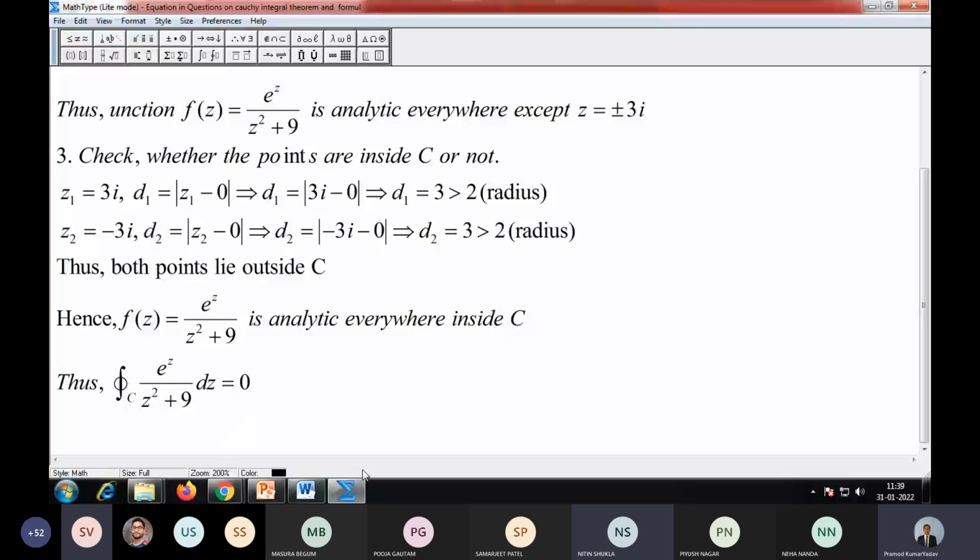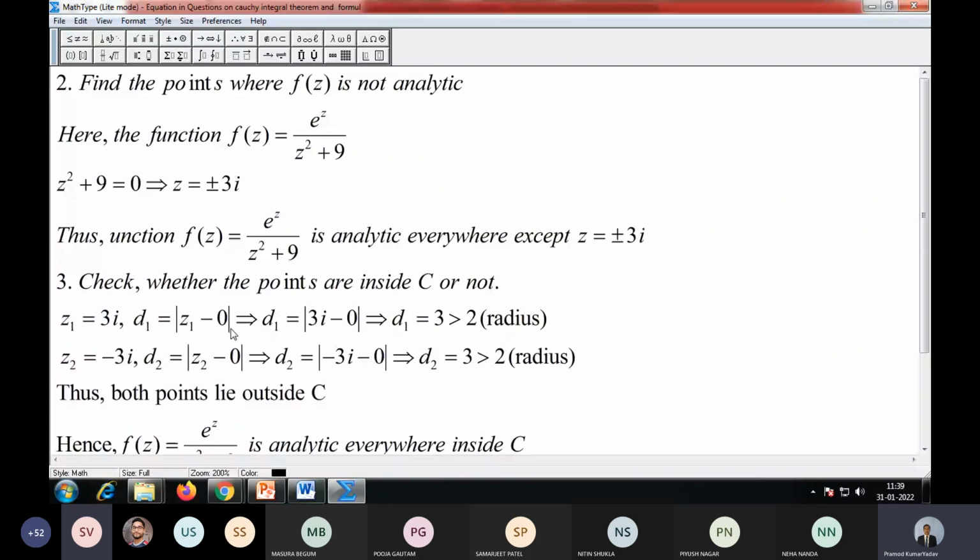Yes, sir. So now, does anyone have any question, any doubts? You may ask me, please. The concept is clear: how to find the value of the integration? First, draw the curve. Second, find the points where the function is not analytic.